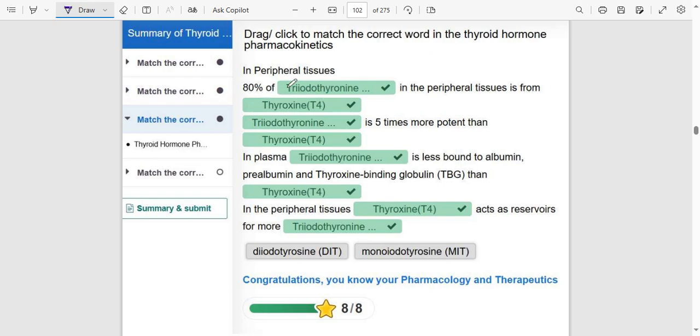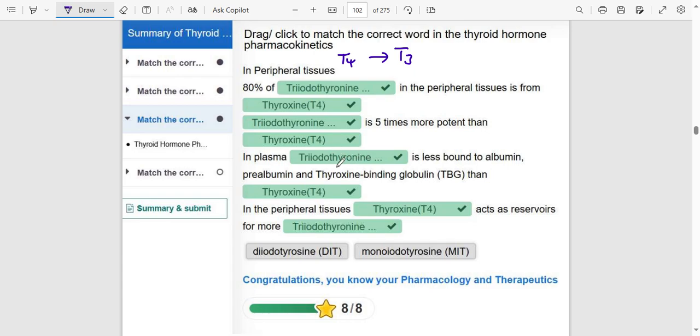So the majority of the T3 that we have will actually be coming from T4, because the majority of the thyroid hormone is in the form of T4. So we'll be converting the T4 into T3 in the tissue because that's the majority. I think that's basically about this part. I don't know how we can answer this one.